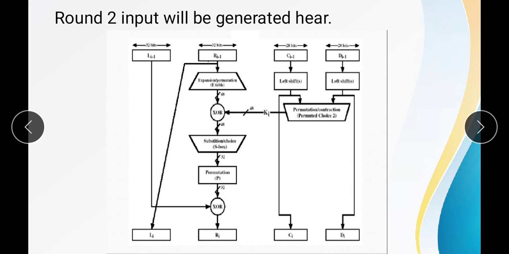For the left one we are using R1 as L2. So R1 will be used as L2, and the XOR of L1 and the output of the permutation will be used as R2. This is the output of the first round.